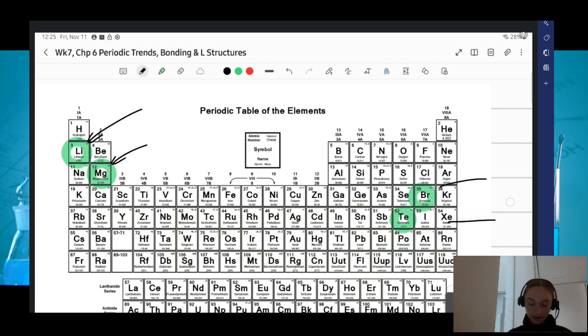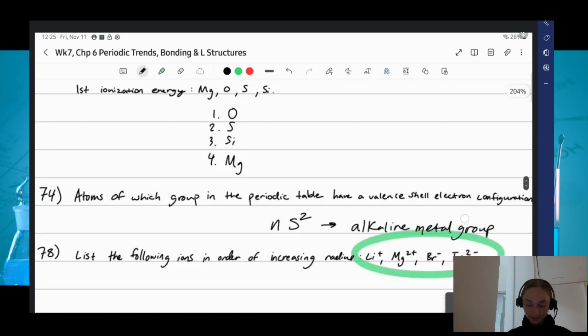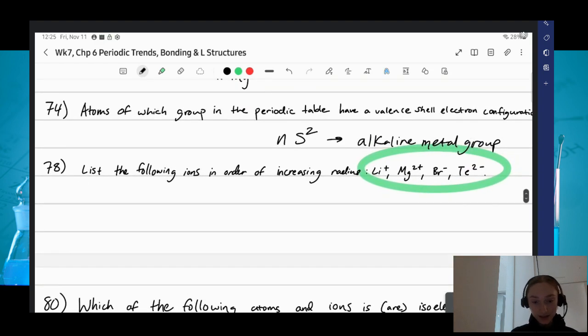So here, let's write this down where we have our question. The smallest atomic radius is going to be the magnesium 2 plus, and then it's going to be followed by lithium plus, and then bromine minus, and then tellurium 2 minus.